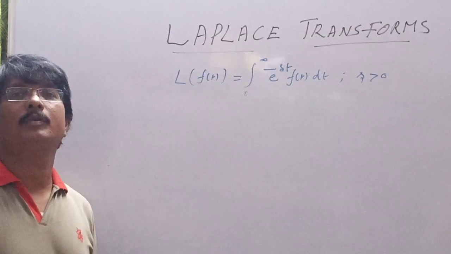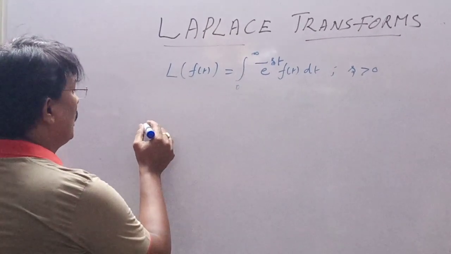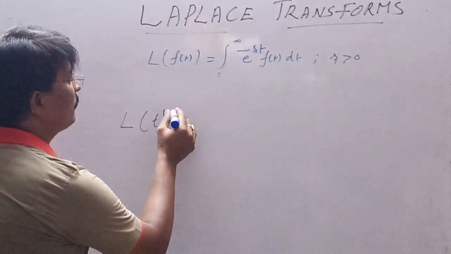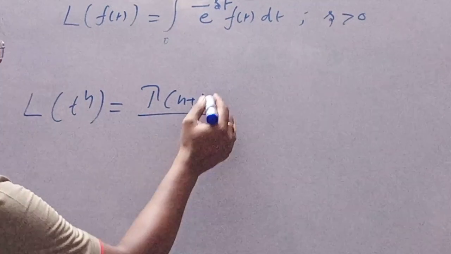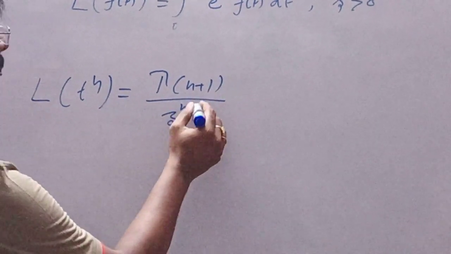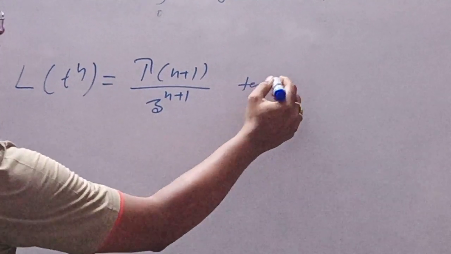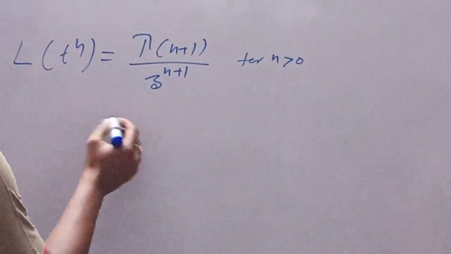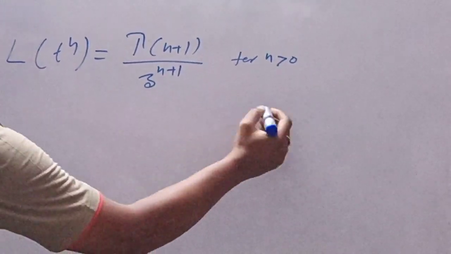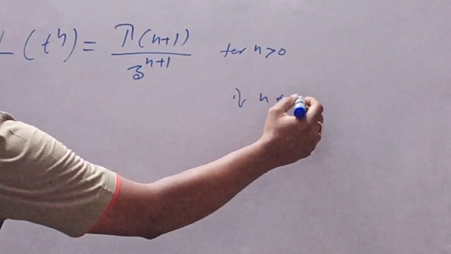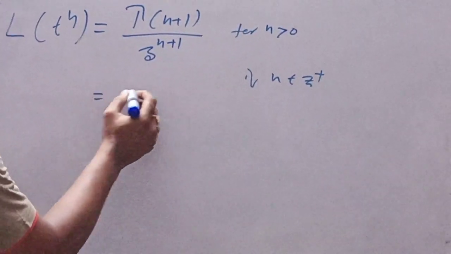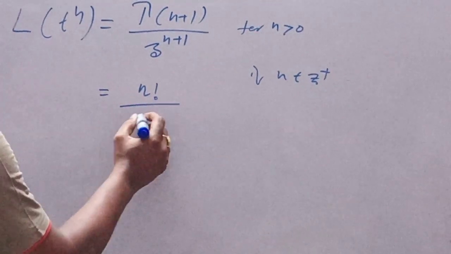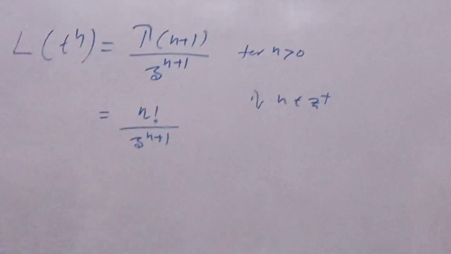So we have the Laplace transformation of t to the power of n equals gamma of n plus 1 by s to the power of n plus 1, for n greater than 0. And if n belongs to Z plus, positive integers, this equals n factorial by s to the power of n plus 1.